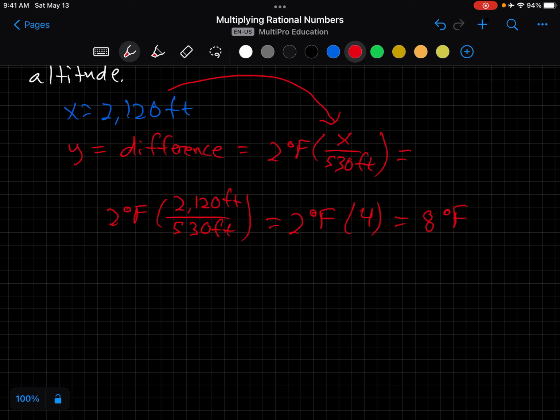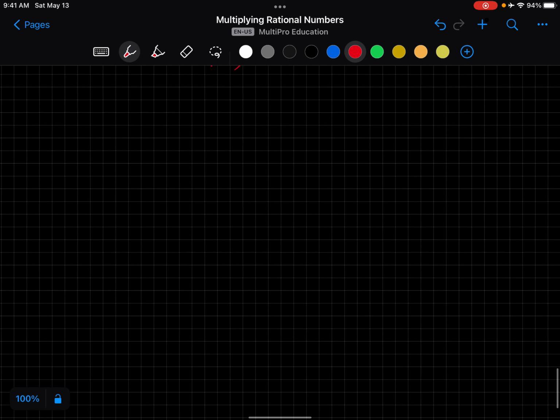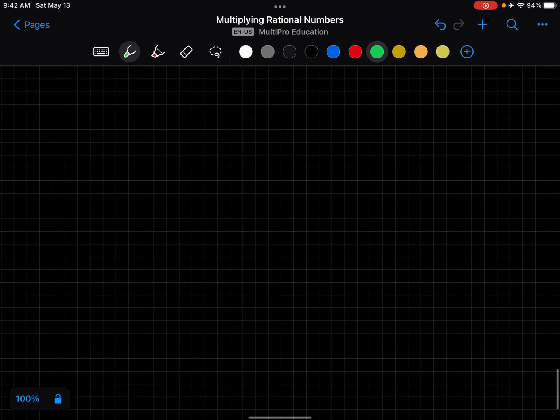So that is the difference. Now, difference is when you subtract, right? So we're subtracting two different temperatures. That's the difference. It's a total of 8 degrees Fahrenheit difference. All right, let's look at another problem.